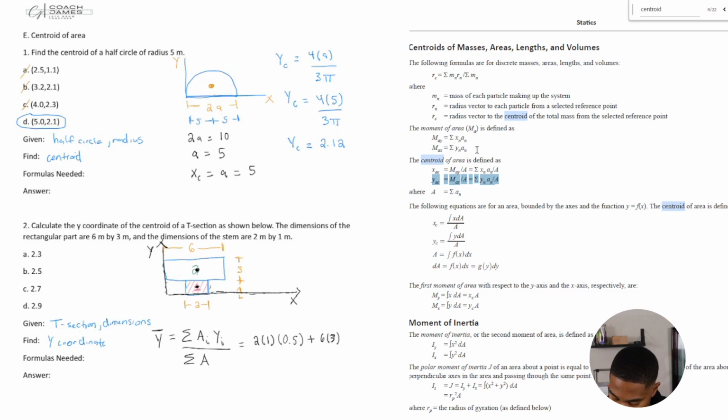So we know that if this value is starting from the x axis, we're coming up 1 and then half of 3, right?